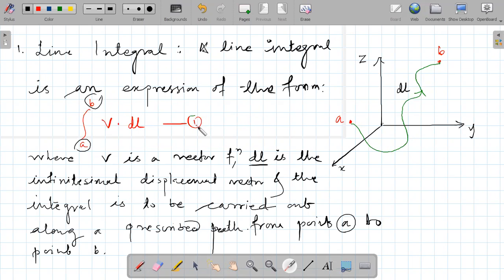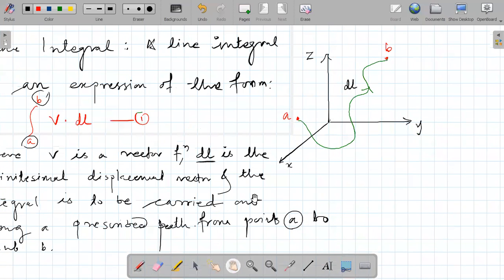Now, if the path follows a closed loop, suppose again the initial point is A and the final point is B. Suppose again the particle is traveling from point B to A, means now you will get a closed loop.